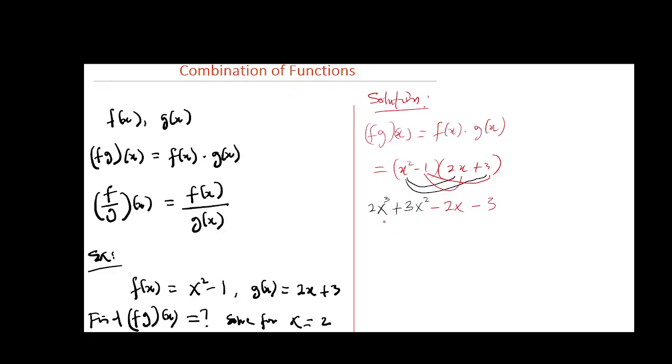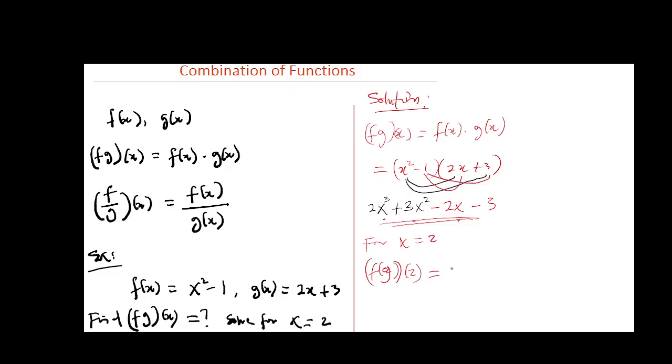So we have the product of both functions. Let's now solve for x equal to 2, which will be fg of 2. Anywhere we see x in the function, we replace it with 2.